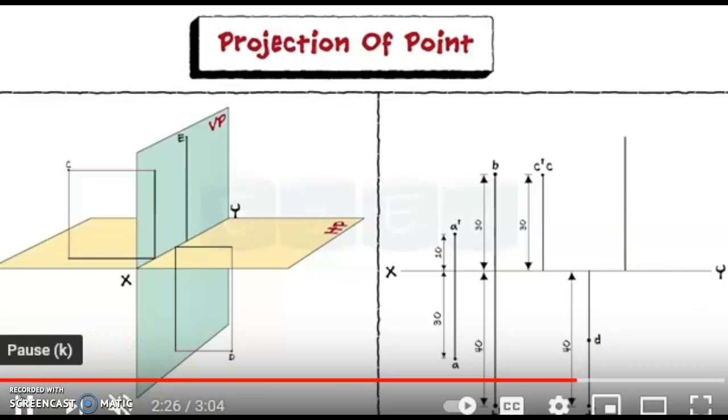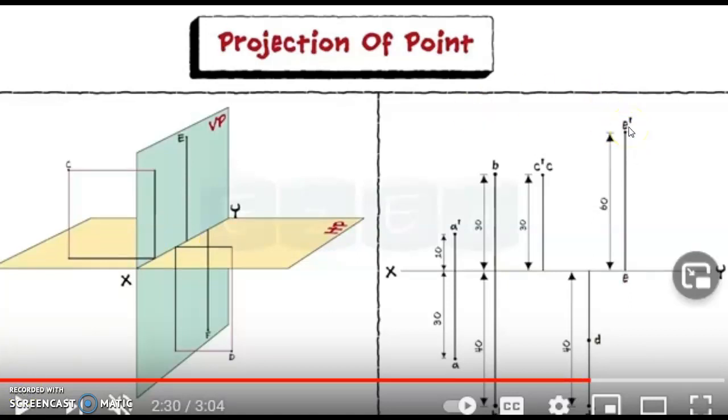And another point, that is point E. They are given that the point E is 60 mm above the horizontal plane and on VP. So listen to the question: 60 mm above the horizontal plane and on the vertical plane.